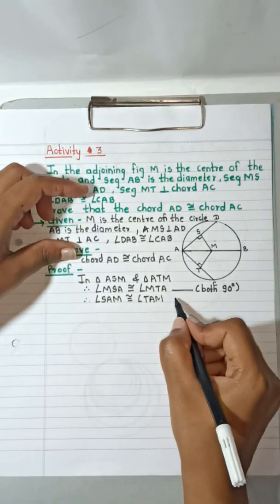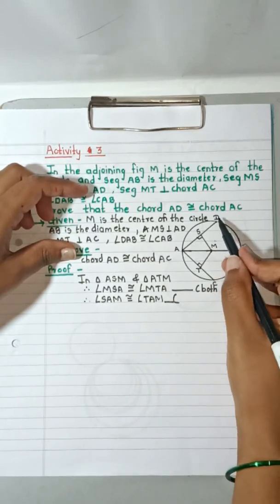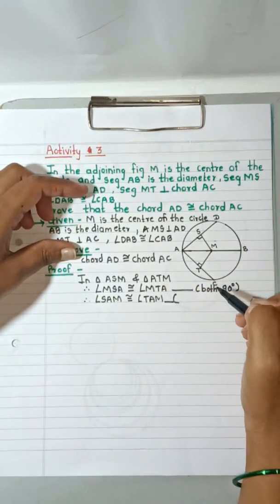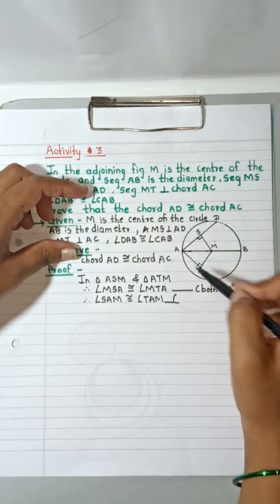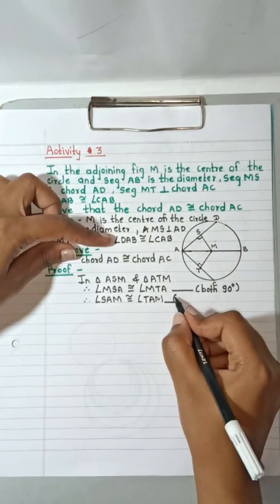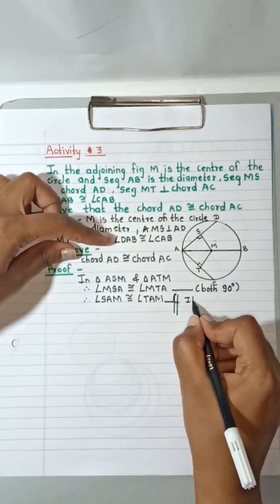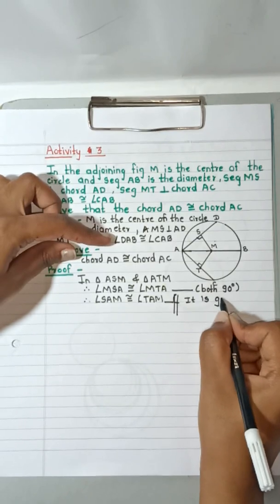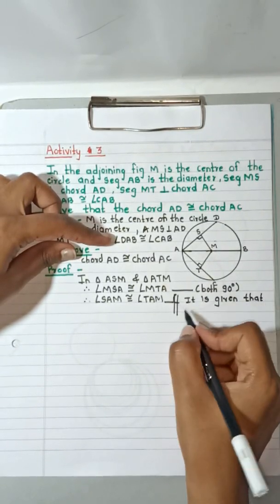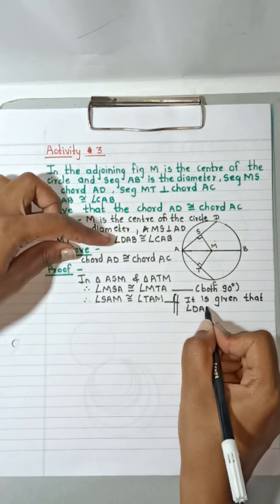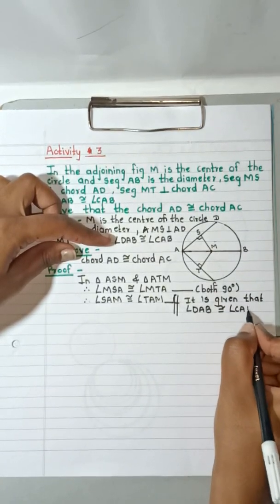Why are they congruent? Because angle DAB is congruent to angle CAB, it is already given to us. I'll write down here: it is given that angle DAB is congruent to angle CAB.